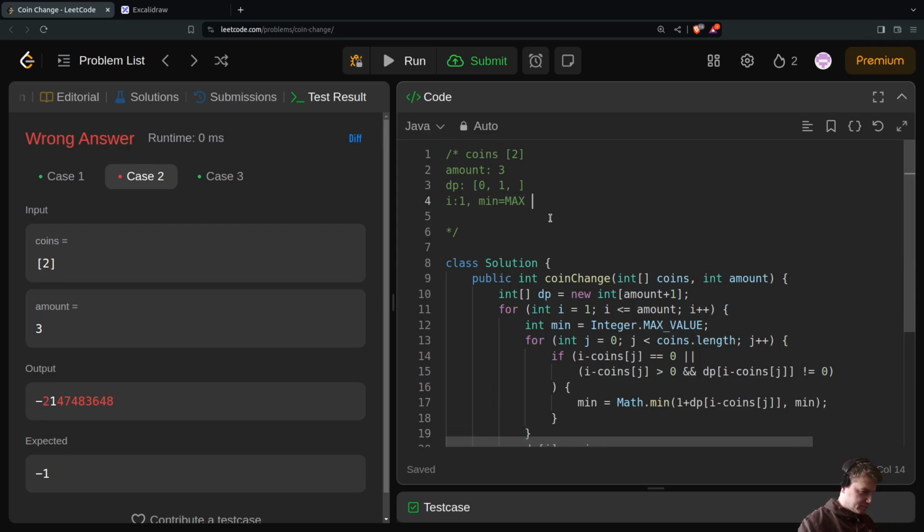So the dp is going to be 0 and then max value.